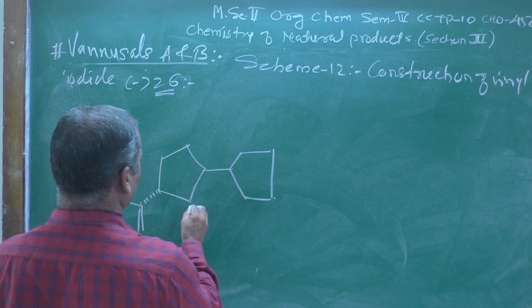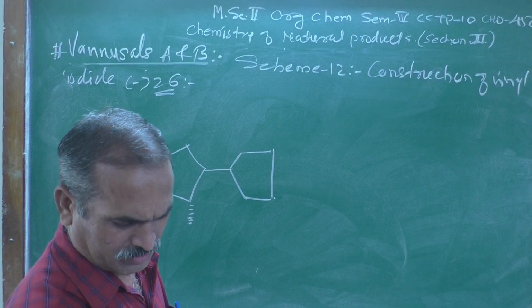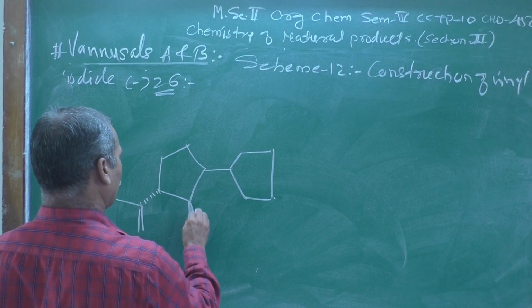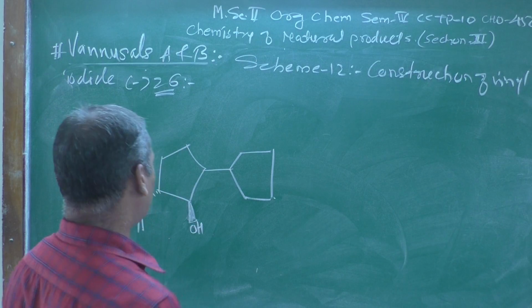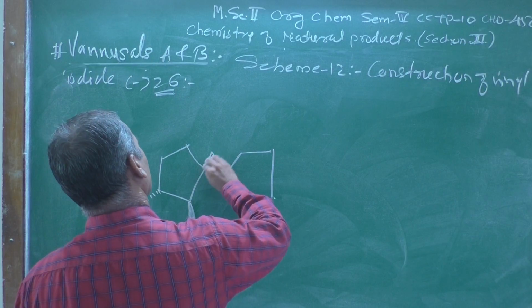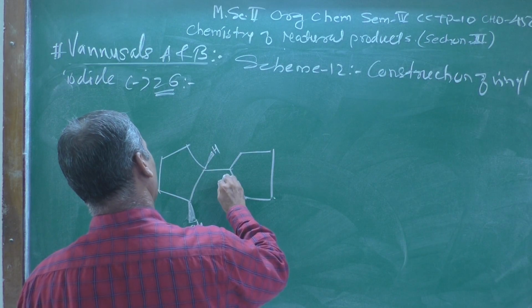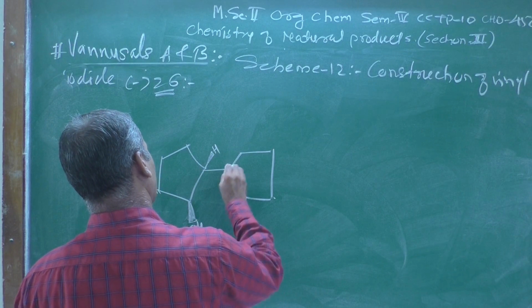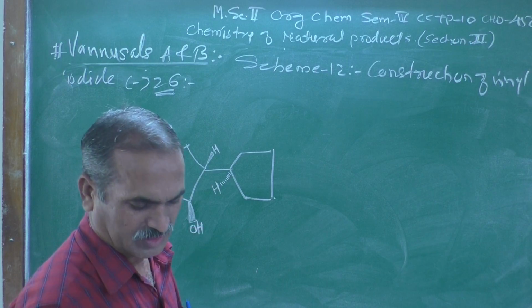Now here the hydroxy group is above the plane, OH. Now the hydrogen atom at this corner point should be above the plane. The hydrogen atom which is present at this corner point should be below the plane.